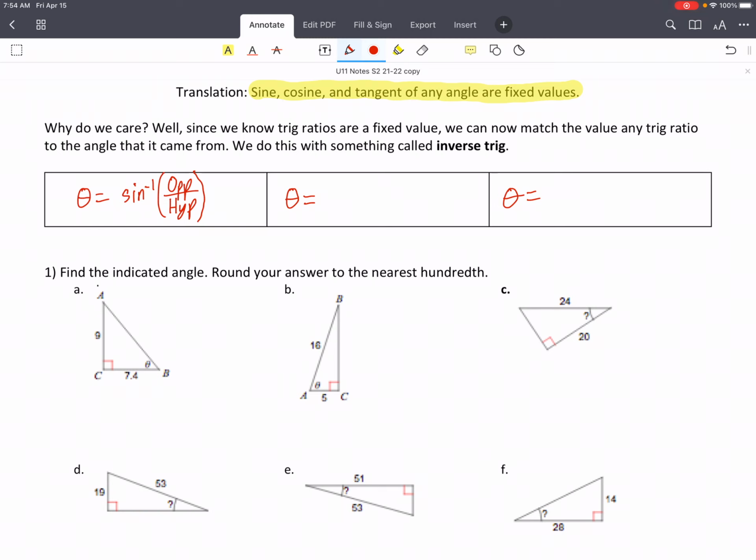If we were to do this for cosine, cosine is adjacent over hypotenuse, and we would write that the same way, except now as cosine to the negative first, or the inverse cosine: theta is equal to the inverse cosine of adjacent over hypotenuse. All right? And then you guys can probably guess it, we'd have the inverse tangent of opposite over adjacent.